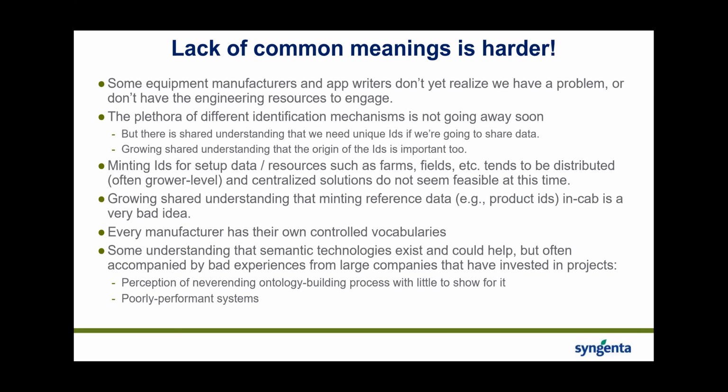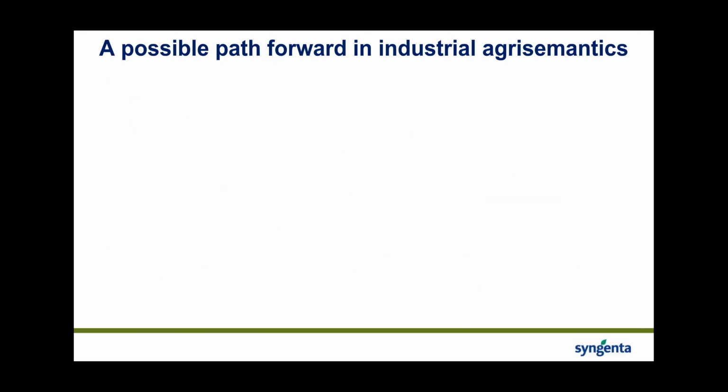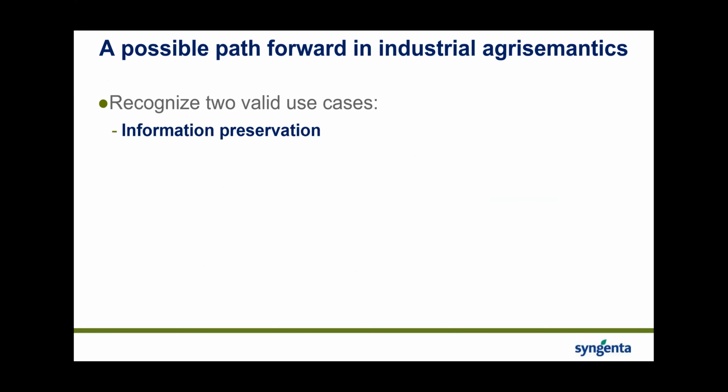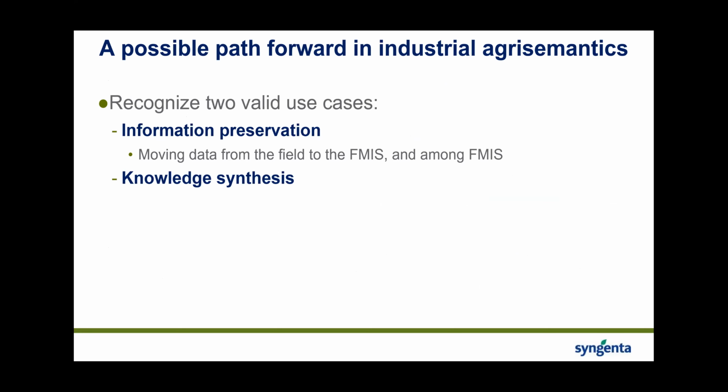So what's a possible path forward for industrial agrisemantics? Recognize two valid use cases. One is information preservation. So let's try to identify those products and those operations and the crops and so forth, so that we can enable knowledge synthesis, which is the dream we all have of being able to perform sophisticated analytics and derive insights and inference from the data we're bringing in from the field.